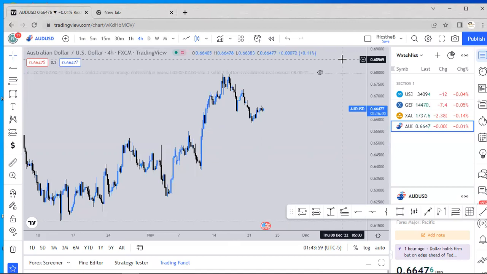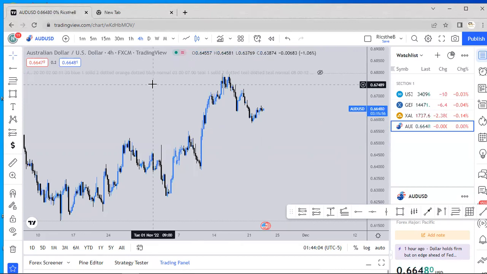So what do the market movers do? The market movers will always use the most common patterns. For instance, you have inverted head and shoulders, double tops, double bottoms. These are the most common patterns.